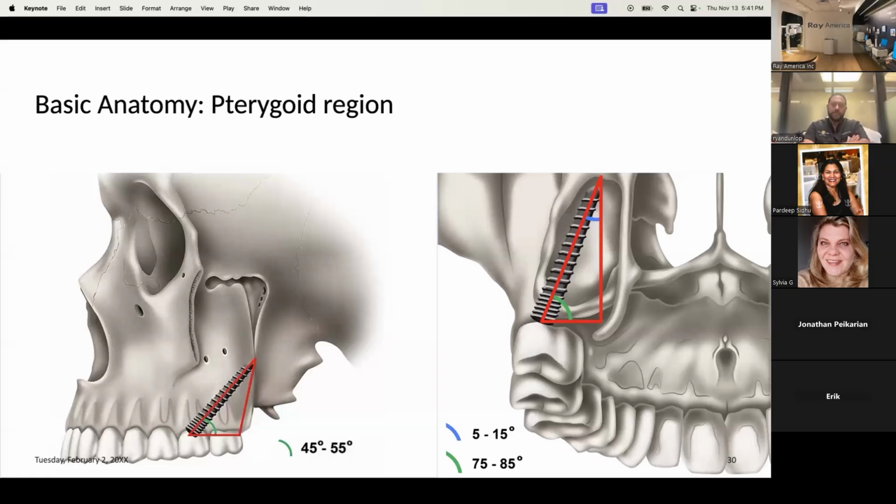Pterygoid implants should start ideally around the second molar, and they should tilt back about 30 to 40 degrees, and they should tilt up and towards the midline about 10 to 15 degrees. So a rule of thumb is 30 degrees tilted back from a vertical plane, and then tilted in about 10 to 15 degrees from vertical towards the midline.